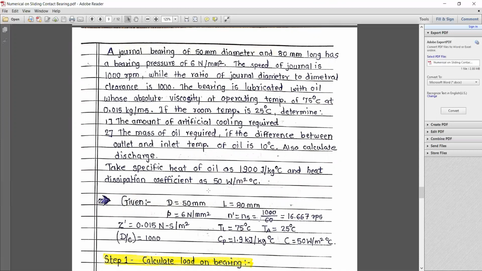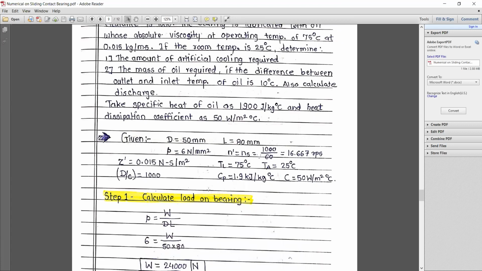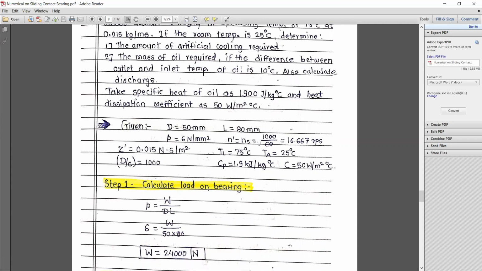Second, the mass of oil required. If the difference between outlet and inlet temperature is 10 degrees centigrade, also calculate the discharge. The specific heat of oil is 1900 joule per kg degree centigrade, and the heat dissipation coefficient is 50 W per meter square degree centigrade.